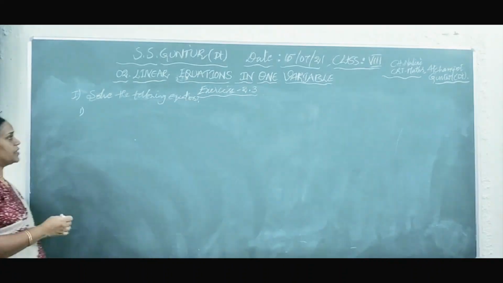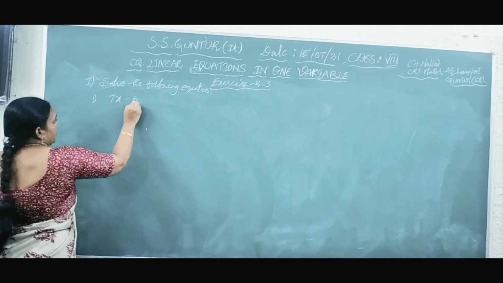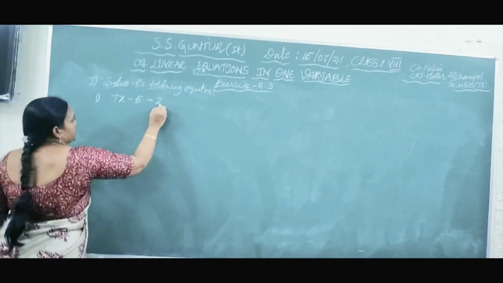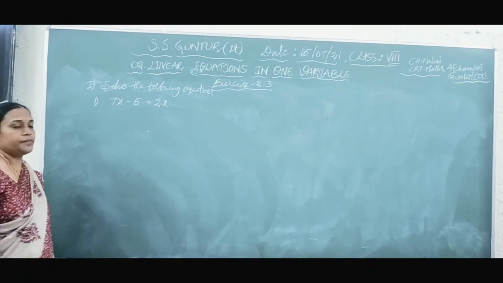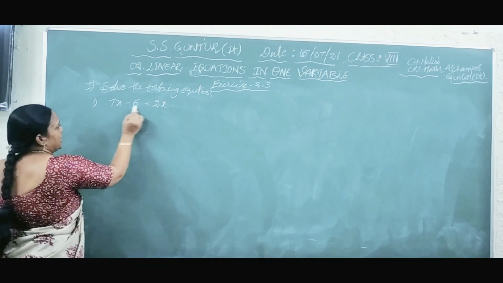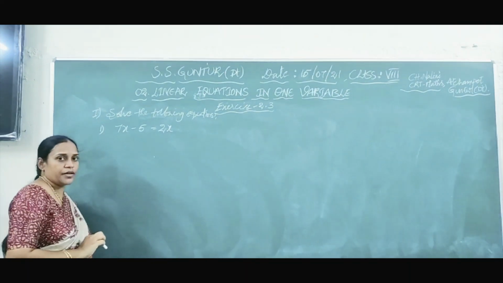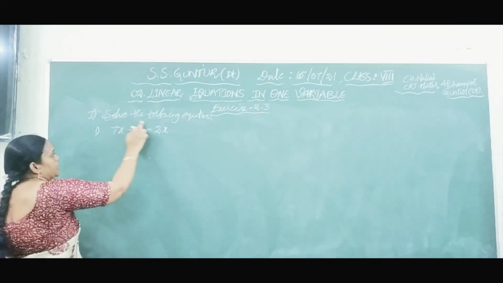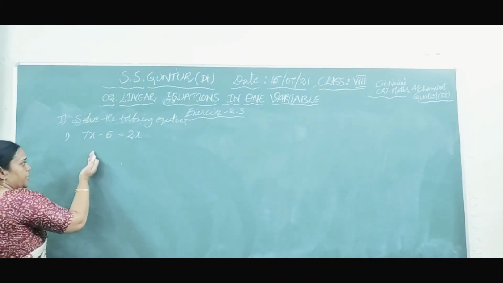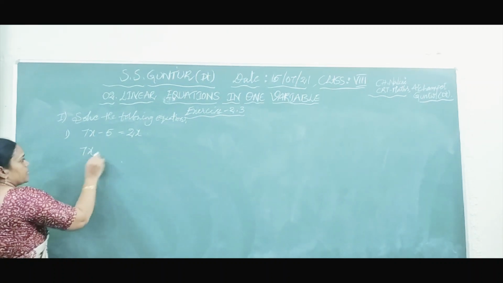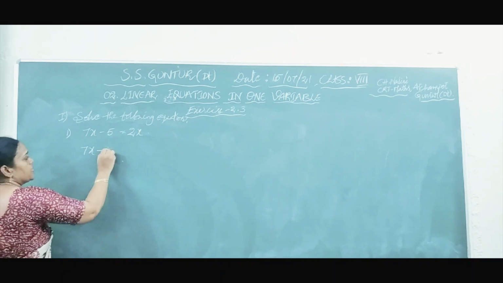Now the first equation is 7x minus 5 is equal to 2x. This is the LHS, the left side, and this is the RHS, the right side. Transposing the RHS to this side, we get 7x minus 2x, equal to 5.